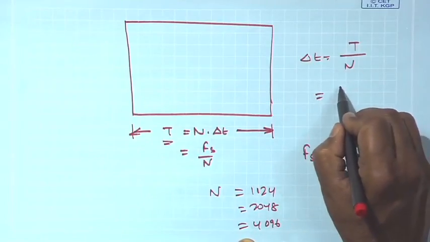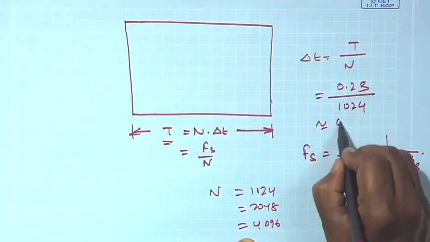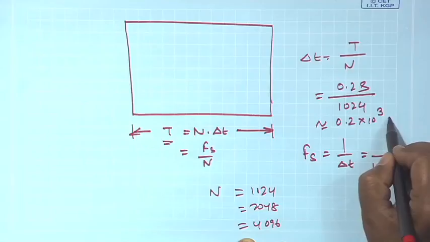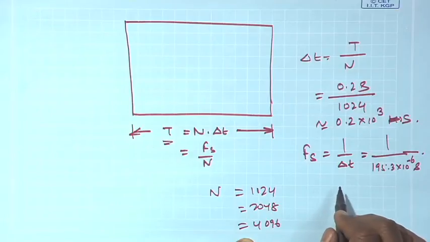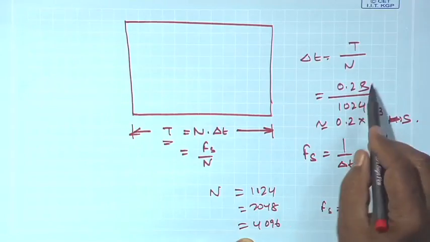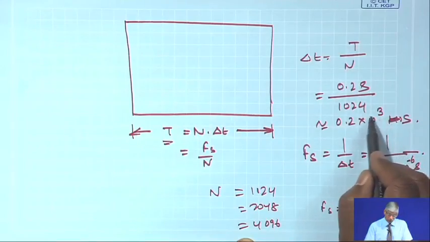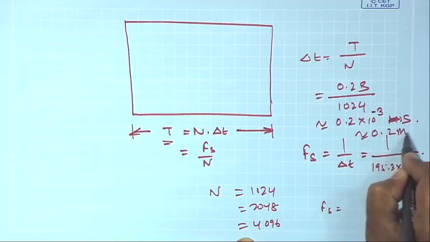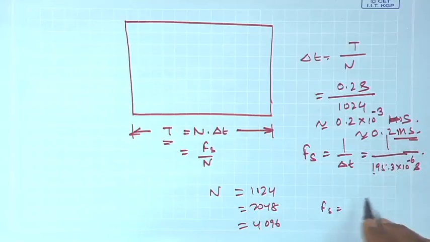So, total time is 0.2 seconds and n is 1024, so delta t is approximately 0.2 times 10 to the power minus 3 seconds, or 0.195 milliseconds, about 0.2 milliseconds.